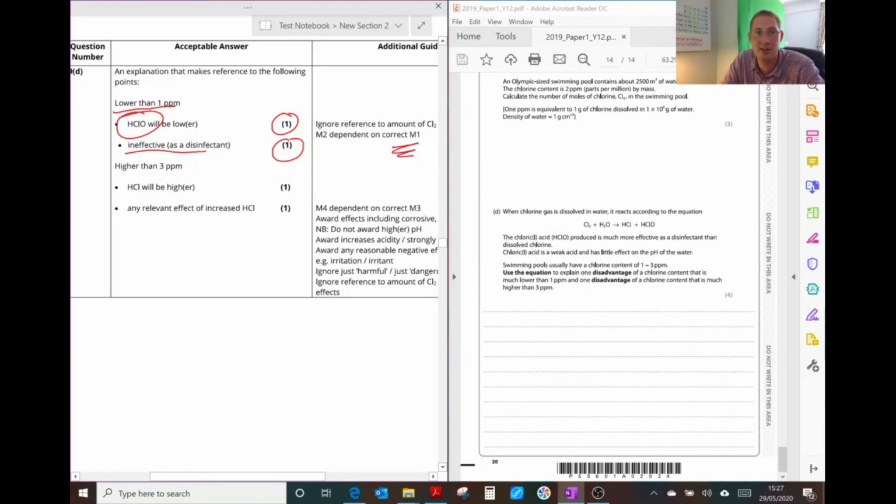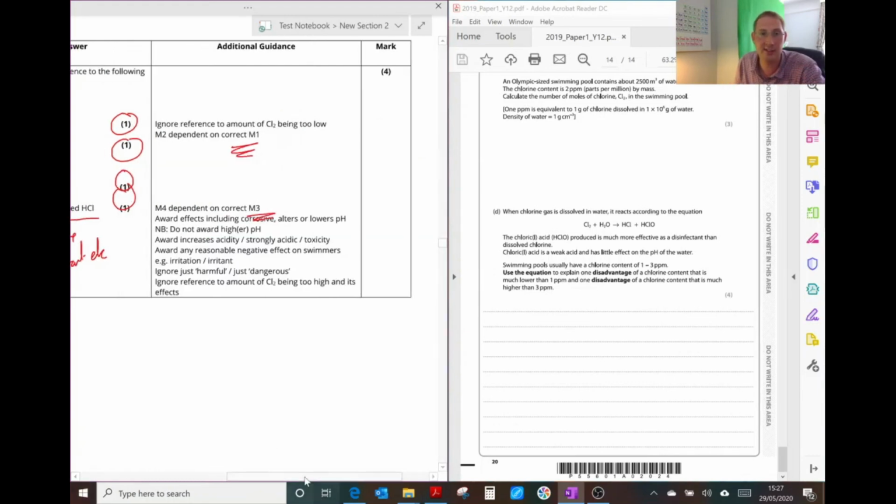Okay, so you had to say that would be lower, the chloric 1 acid, and so it wouldn't work as a disinfectant. But if you've got a concentration that's much higher than 3 ppm, you'll have too much HCl, and therefore you will get the effects of too much acid, so corrosive, irritant, etc. Okay, and again, you needed to correctly identify the hydrochloric acid as the problem in that case.